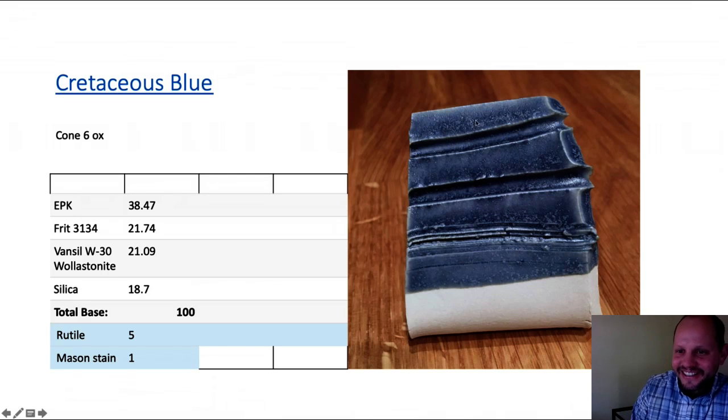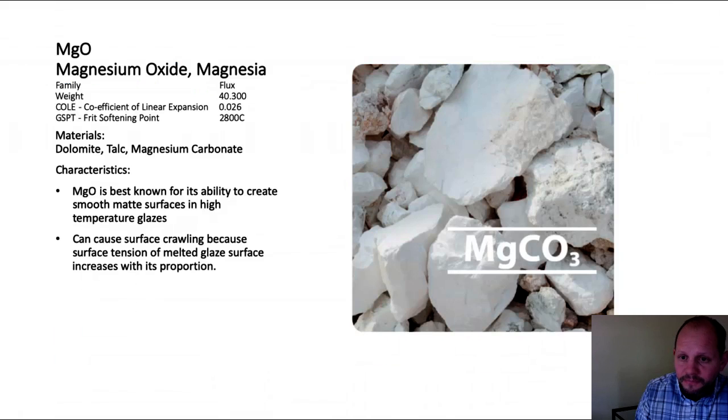These Cretaceous surfaces, what a great name. And you can see its relationship. There's a lot of clay in this, so it's going to be a little bit more matte, obviously. And with the wollastonite and the frit, both containing high sources of calcium, that's going to produce more of a matte finish. So, okay, very good.